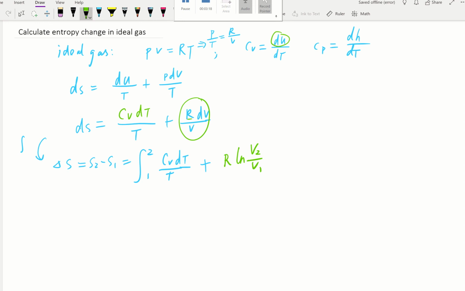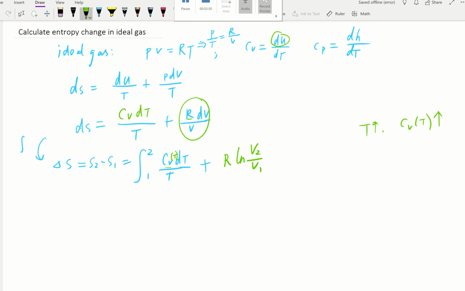And be aware this is Cv here. We know Cv is actually a function of temperature, right? So here I'm actually going to write down Cv(T) dT, just to remind me that specific heat is a function of temperature. We learned before that when temperature increases, more energy is required to raise it by 1 degree Celsius, so that Cv(T) value increases as well.